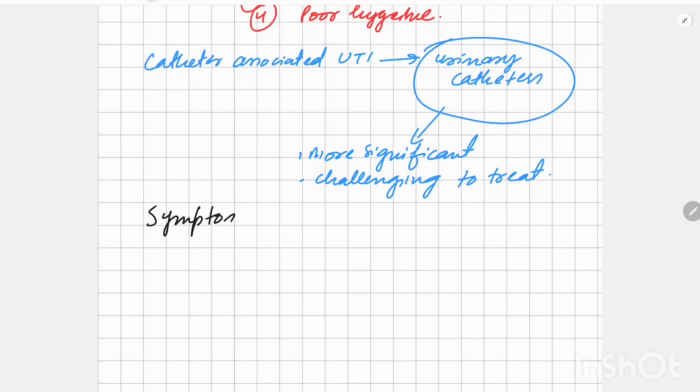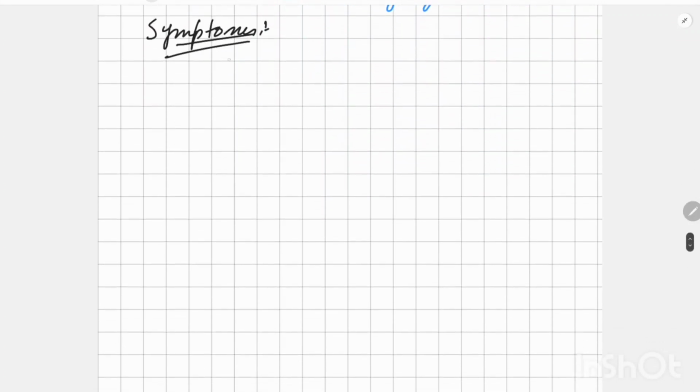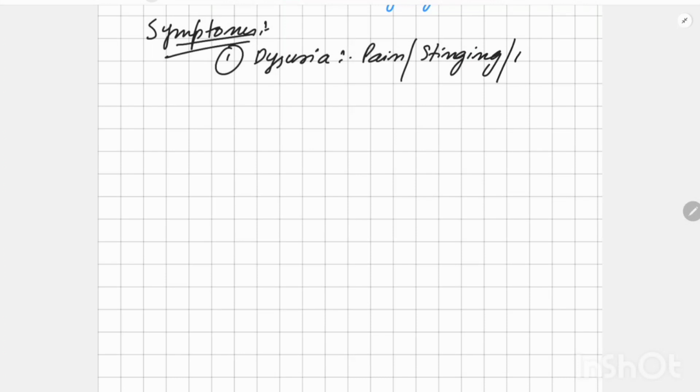What are the symptoms of the UTI? The first symptom is dysuria. What do you mean by dysuria? Dysuria means pain or stinging or burning sensation during micturition.